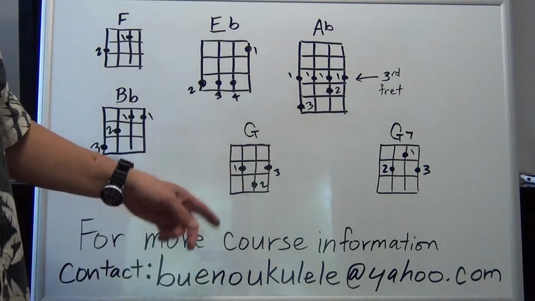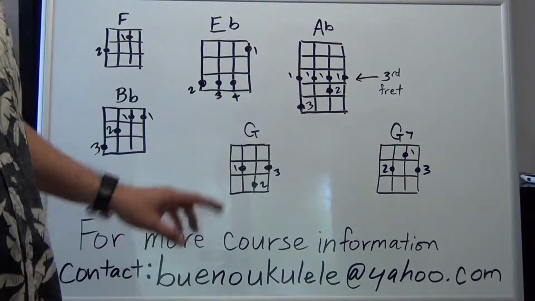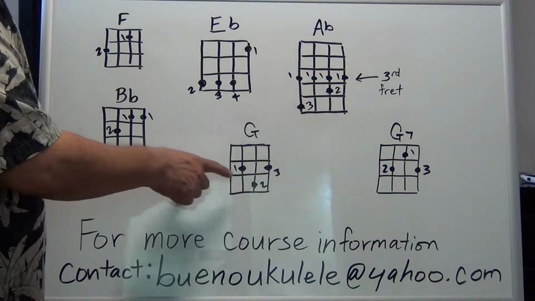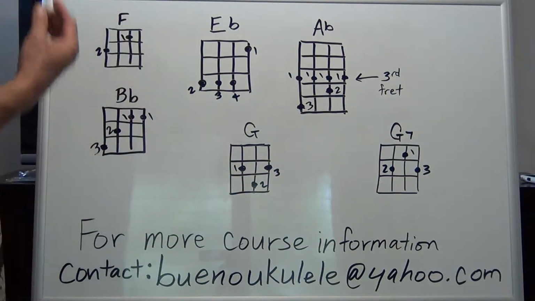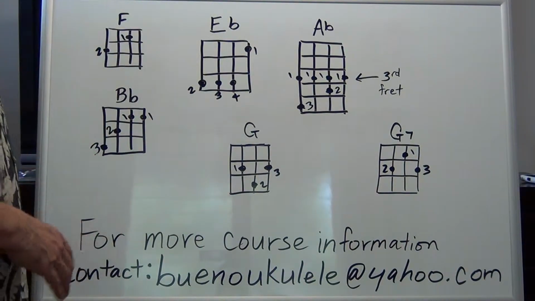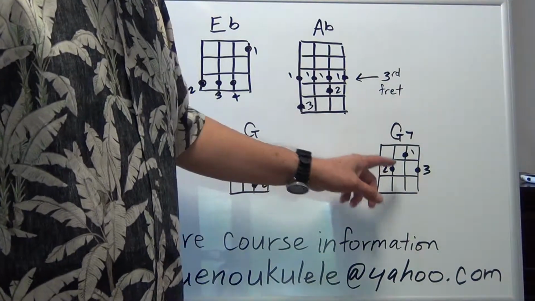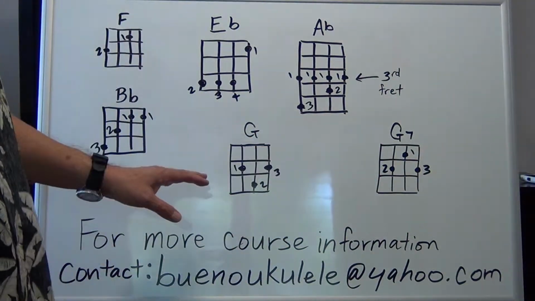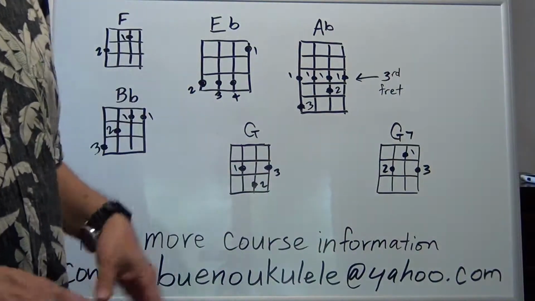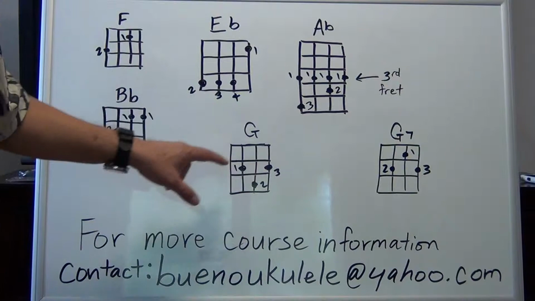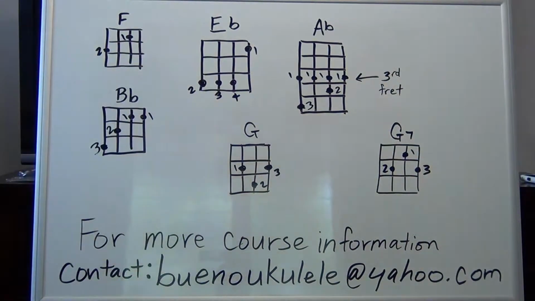Instead of playing a G, they're playing a G7, or instead of playing a G7, they're playing a G. When you're learning the G, learn the proper fingering and memorize it as a G chord. When you learn the G7 chord, learn the proper fingering and memorize that. Once again, don't get these two mixed up because they sound totally different. If you play the wrong chord at the wrong spot in the song, you can tell that it's the wrong chord. Okay, so let's move on to the two new chords.